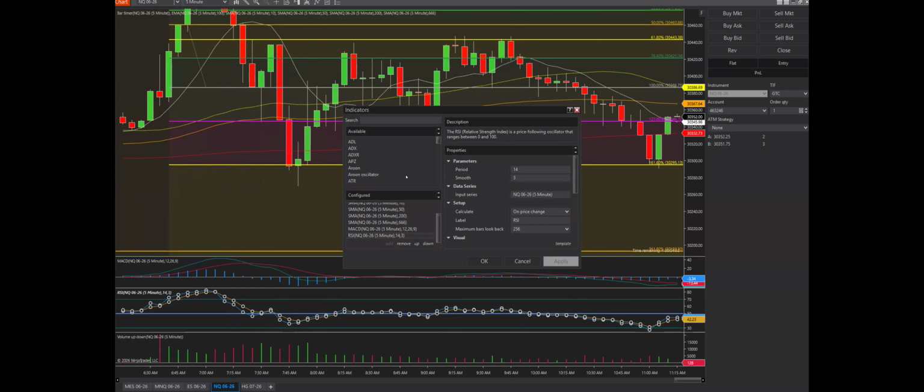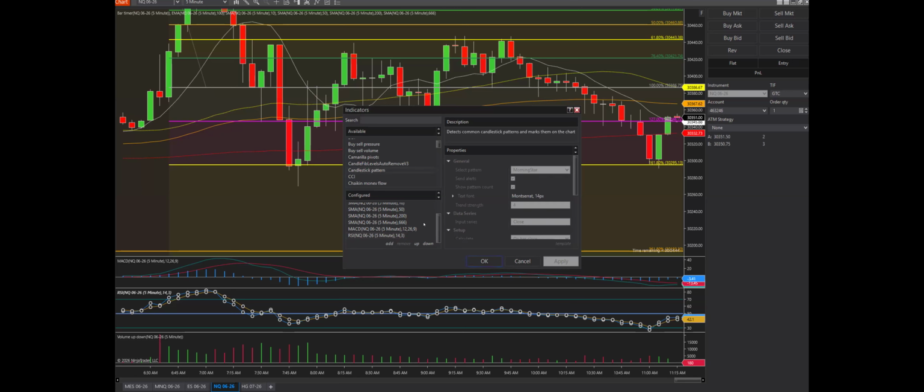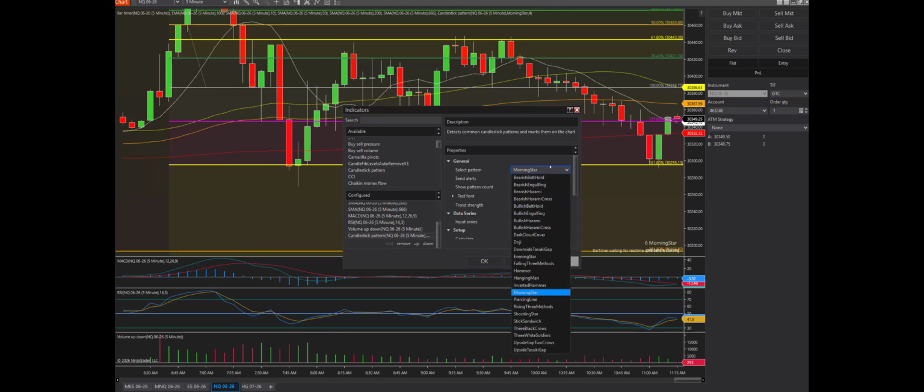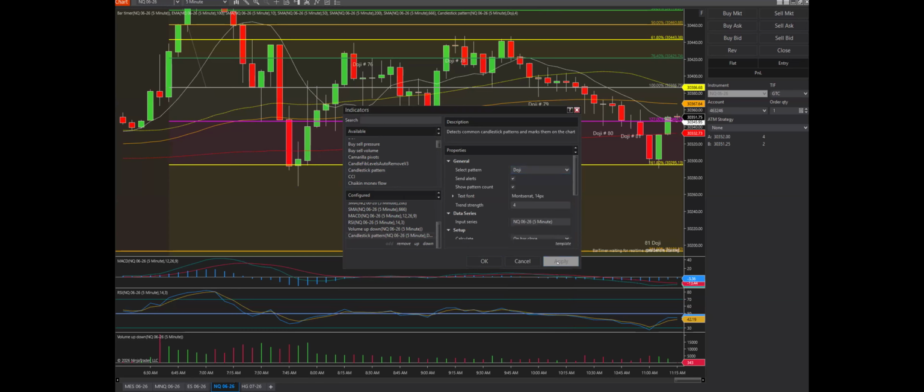Now look for candlestick patterns. Oh, right here. Yeah, double click that, and then where's the morning star? Right here. Yeah, select doji, and this will highlight all your dojis for you.